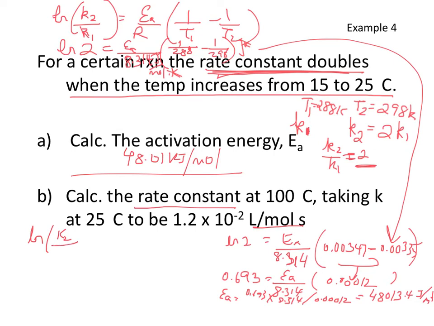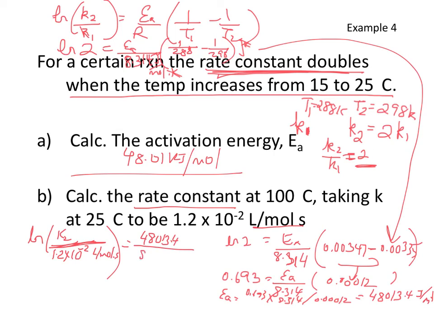The K1 value is given to be 1.2 times 10 to the negative 2. And you should use the units so that you know what it would be at the end of the day. Activation energy we just calculated, and you can write it in the joule pattern or the kilojoule, as the case may be.